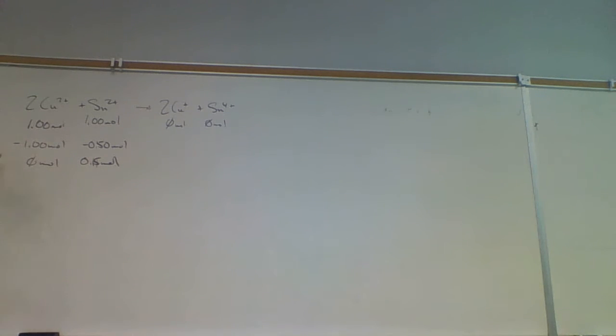This is the stoichiometry. Now, how much product do we form? If we react, how much copper(I) would we form? Stoichiometry. 0.5 or 1?